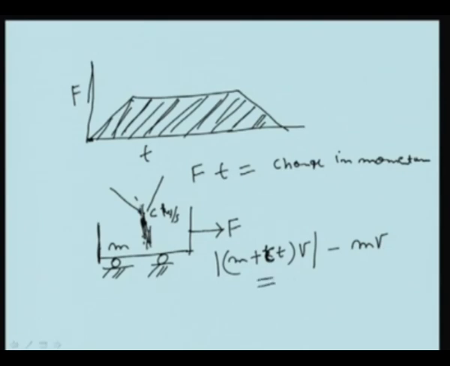Then the total change in momentum is equal to ctv, which is equal to force times time, Ft, and thus we get F is equal to cv.